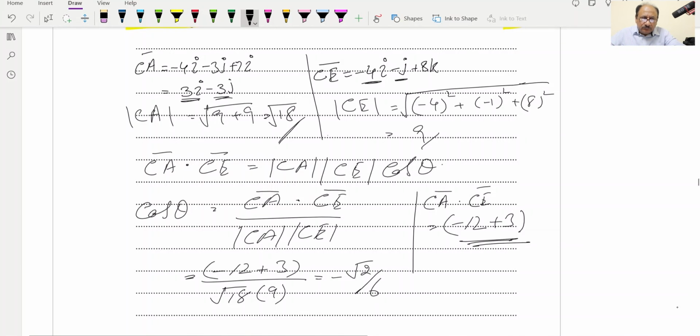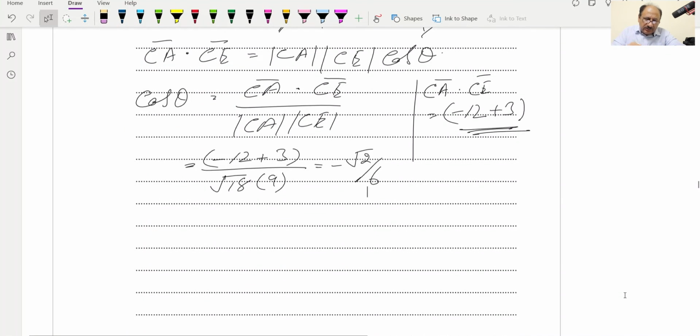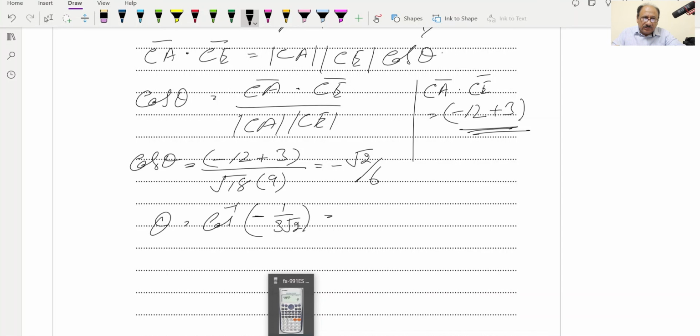Now this is basically the cos theta value, so we can write theta is equal to cos inverse of minus root 2 over 6, or this we can write as 1 over 3 root 2. Or we can keep it as it is.